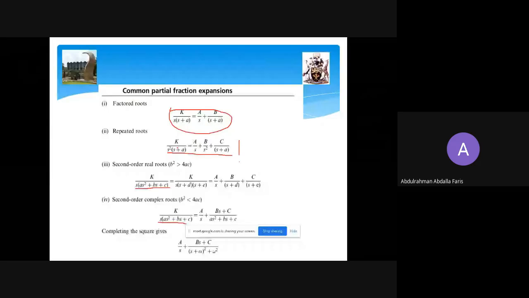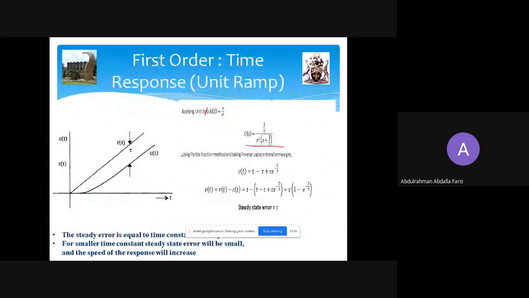You use this for the repeated root. So you apply partial fraction and taking inverse Laplace transform, you'll end up with c(t) as that.